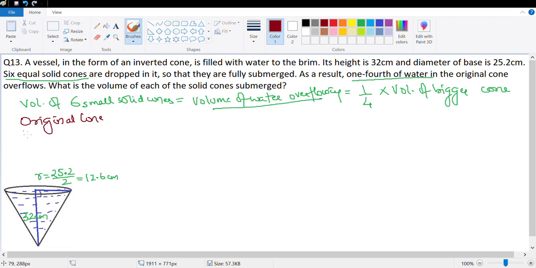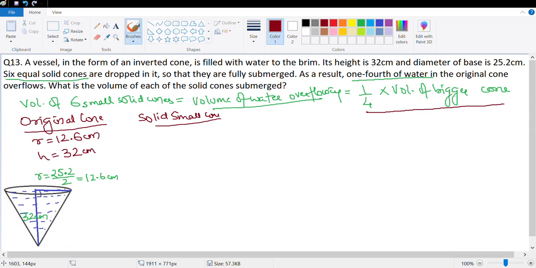For original cone, R is equal to 12.6 centimeter, H is equal to 32 centimeter. And for solid small cone, R1 is not given. We need to find the volume, so we don't necessarily need to know this. If we can calculate this volume, we should get the volume of 6 cones.